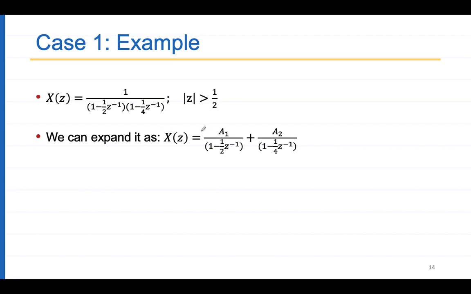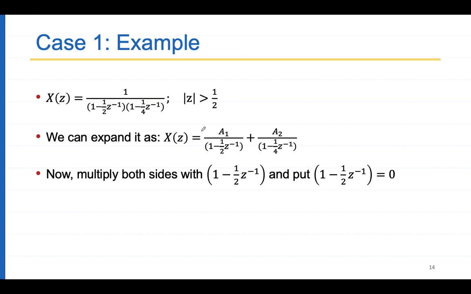So how do we do that? All of you have read partial fraction expansion in the past, but even if you don't remember, do not worry, we'll discuss it all over once again. It is very simple. Let us say I want to find a1. What you do is multiply both sides with this term and put this term equal to 0.